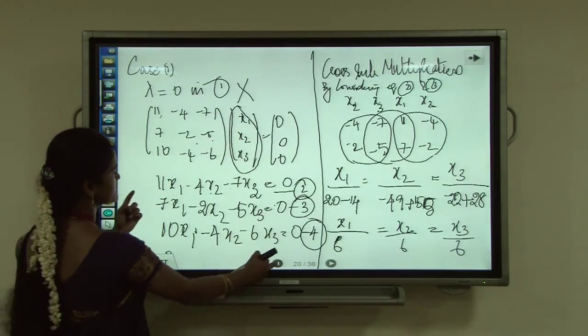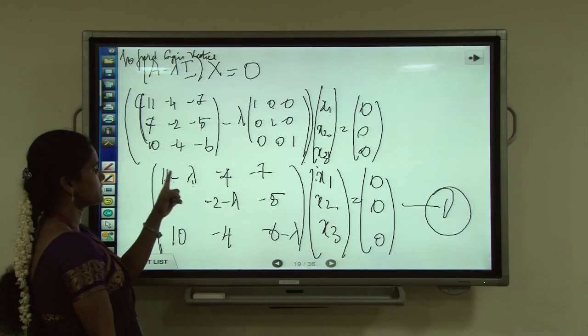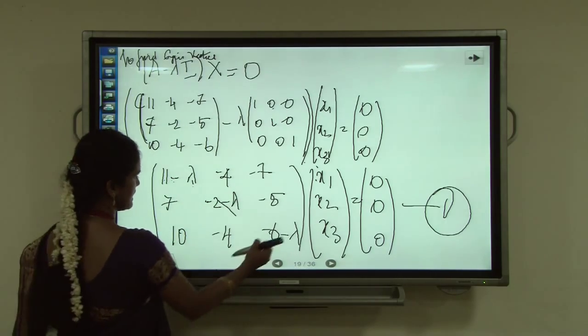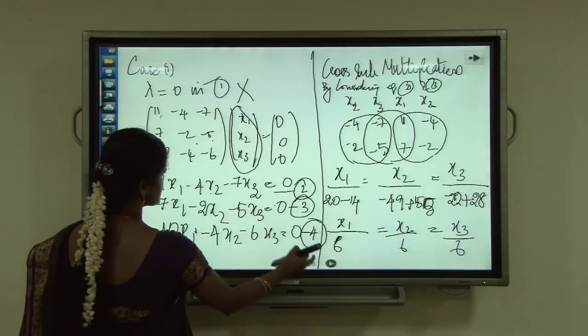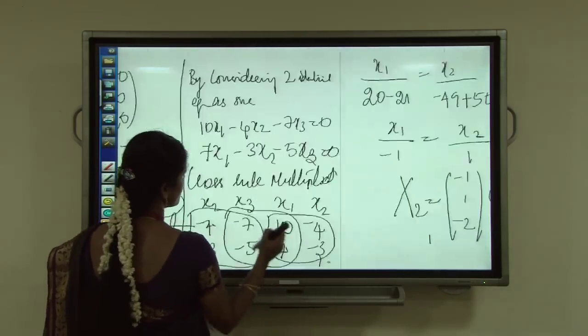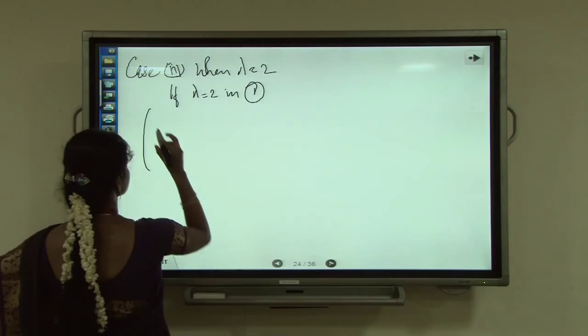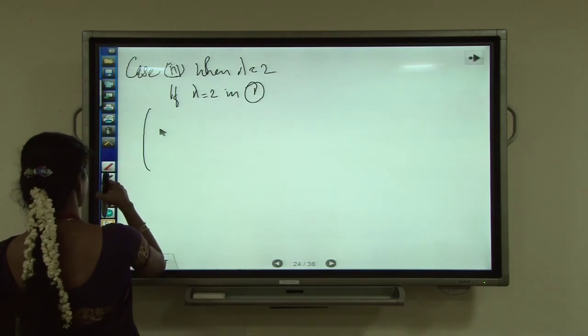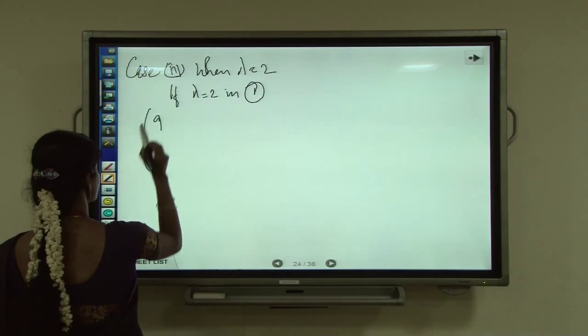See, this is what your first equation is. Now we have to subtract 2 from all the diagonal entries. The remaining entries are going to be the same. So 11 minus 2, it is 9. 11 minus 2, it is 9.